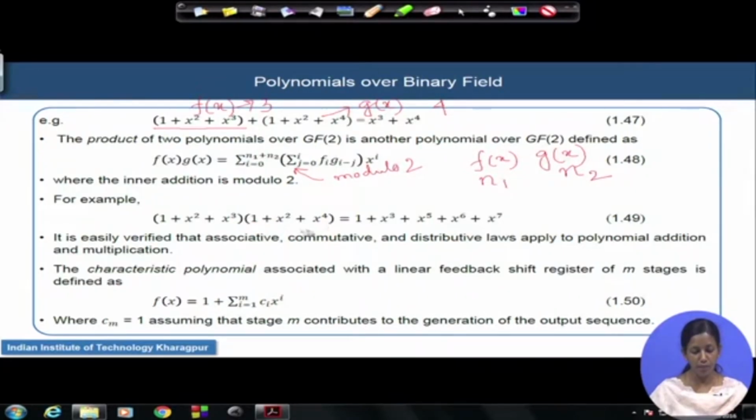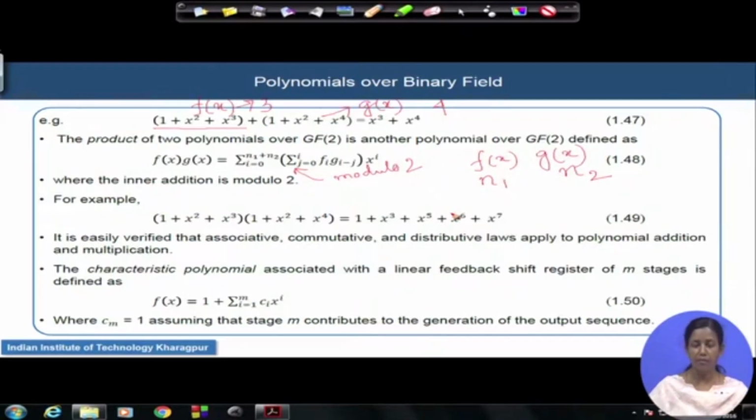For x to the power 4, I will have one x to the power 4 term here, another x to the power 4 term will be generated by the multiplication of x squared with x squared, and the modulo 2 addition of these two x to the power 4 terms will lead us to 0. Going by this pattern, the independent terms left are x to the power 5, 6 and 7, and this is the result of the multiplication of two polynomials.